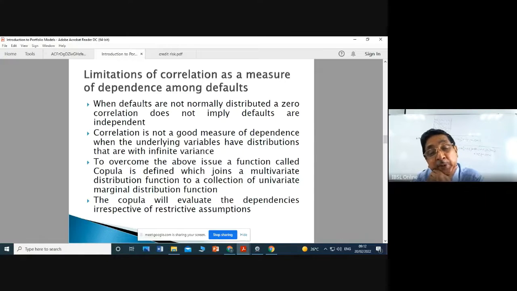But when defaults are normally distributed and there's no correlation at all, then we can say defaults are independent. At the same time, correlation is not a good measure of dependence when the underlying variables have distributions with infinite variance. To overcome this issue, a function called Copula is defined, which joins a multivariate distribution function to a collection of univariate marginal distribution functions.